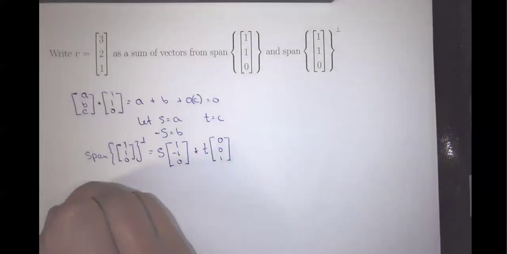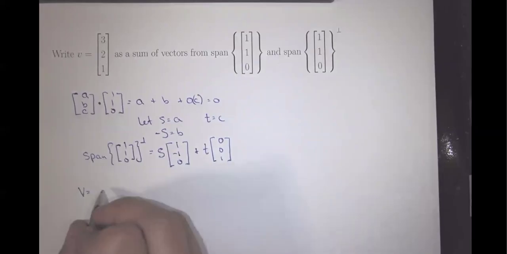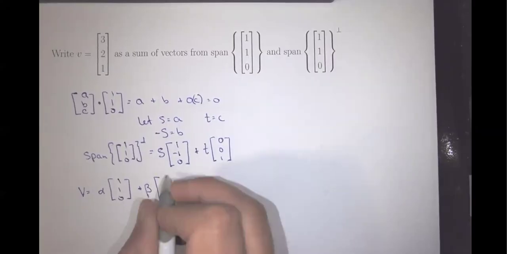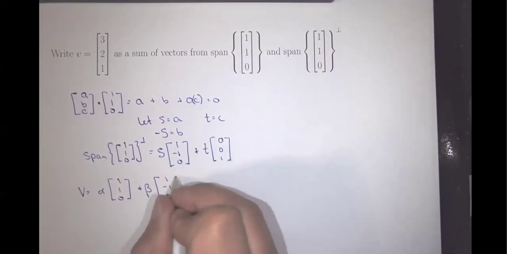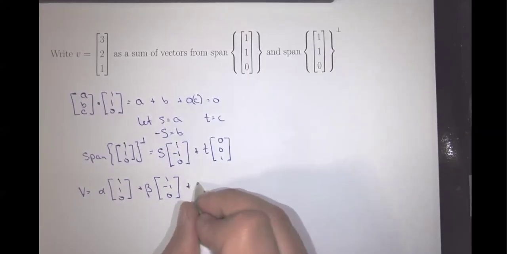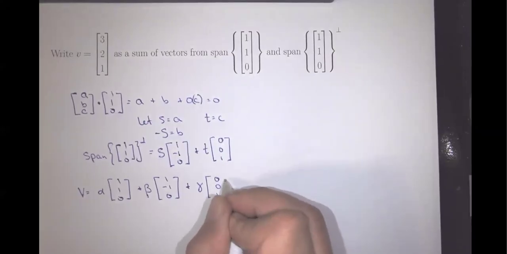So V is going to be, let's say, alpha times 1, 1, 0 plus beta times 1, negative 1, 0 plus gamma times 0, 0, 1.